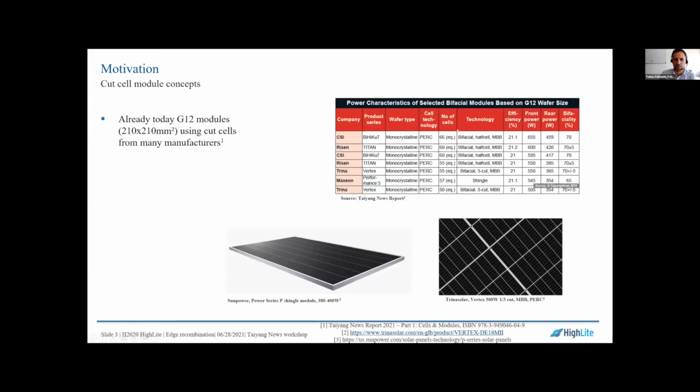And when you look at the TaiyangNews reports, which are very good to read, you see already today that lots of companies are using half cells or three-cut or shingle cell modules. For example, here you see an image of a Trina Solar Vertex module from a G12 wafer, which has an edge length of 220 millimeters, and also SunPower, which is into shingling.